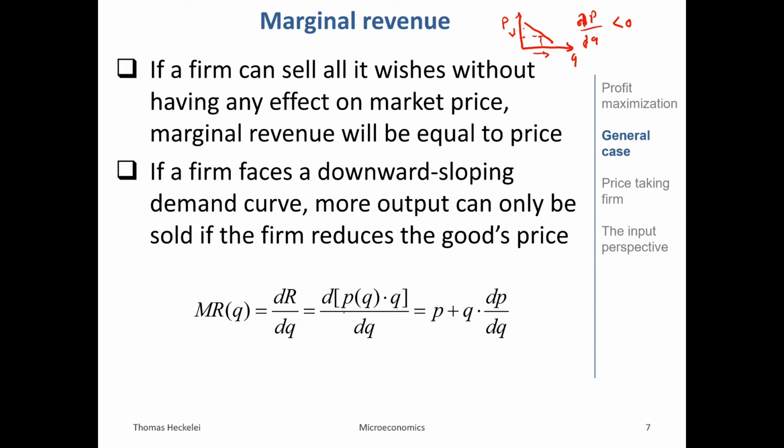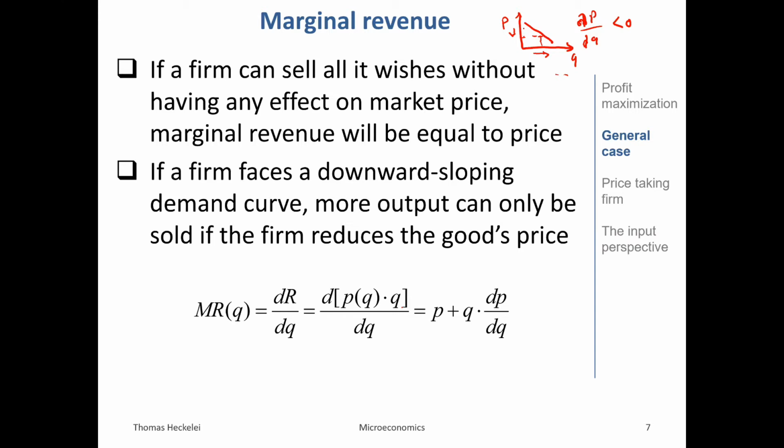Because of the definition of the revenue that we put in the beginning, here it is exactly price as a function of Q, because the more you sell, the more the price decreases. So this is the product rule, right? Because you have P as a function of Q, and then you have Q, multiplied with each other.